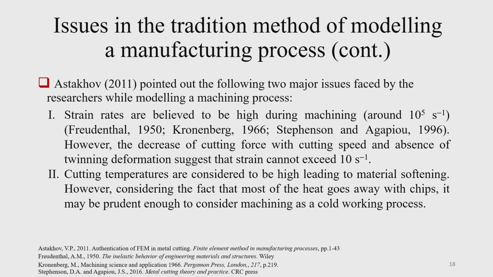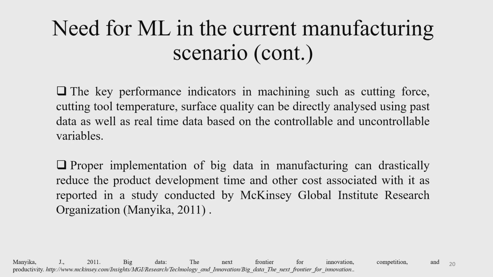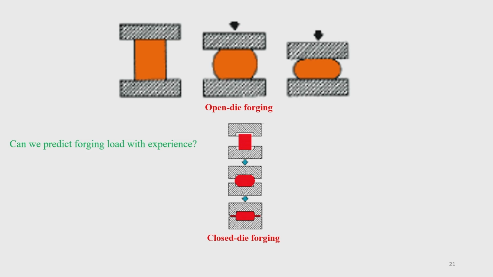We have highlighted that there are many issues where we do not know the behavior of the material, etc. So we use machine learning algorithms because we do not know the physics of the process. We collect a lot of data, and through the data we decide the condition of the machine.